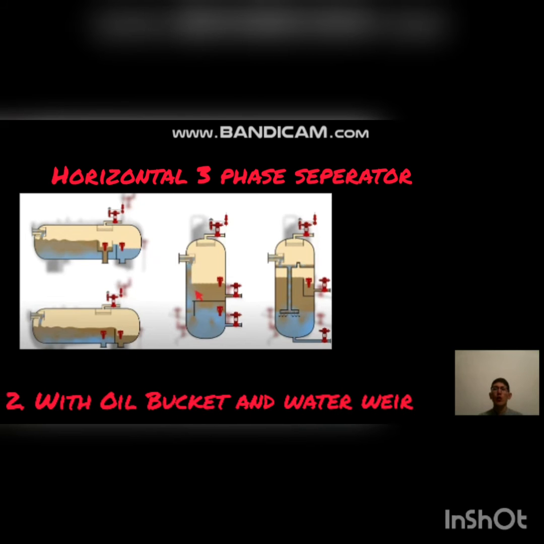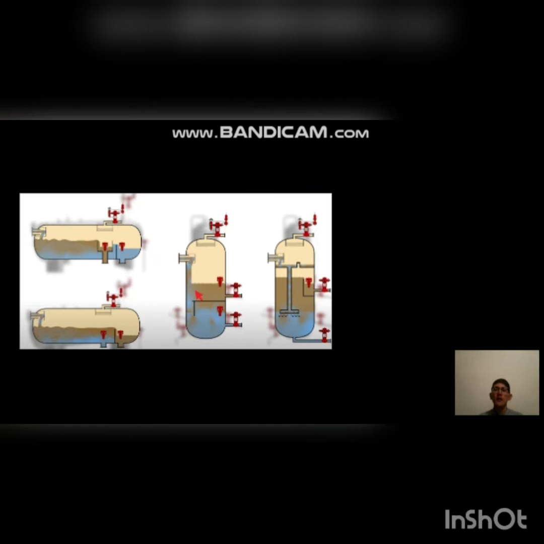Second is with oil bucket and a water weir. Third is interface control, and fourth is downcomer. And their purpose is the same as I said before, to separate the oil from gas and the water. And for this we use the same equipment like interface level controller and the dump valve.